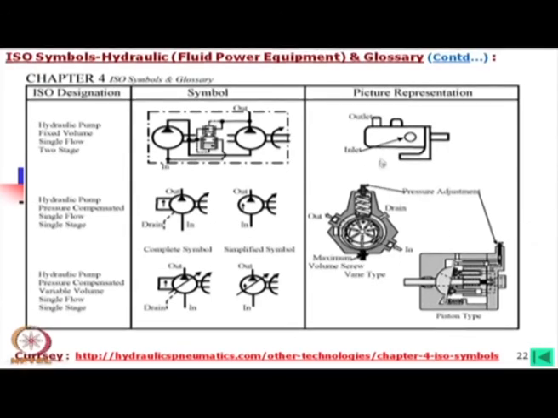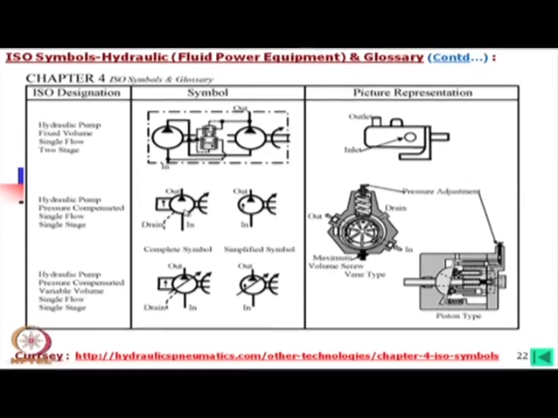Okay. Now, next, this one is also, as you see, a double pump with hydraulic pump, fixed volume, single flow, two stage. Here this is a two stage pump. There, two separate pumps were running by the same shaft. In this case, this is a two stage pump. This is again to increase the pressure of the hydraulic oil.